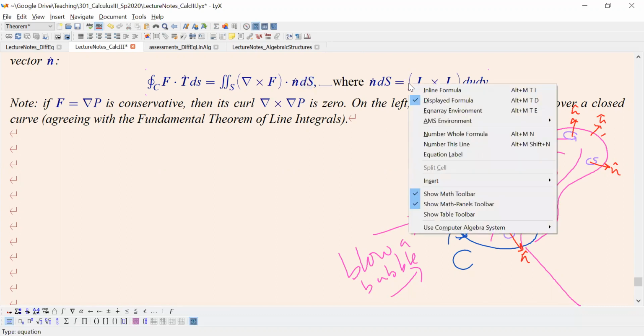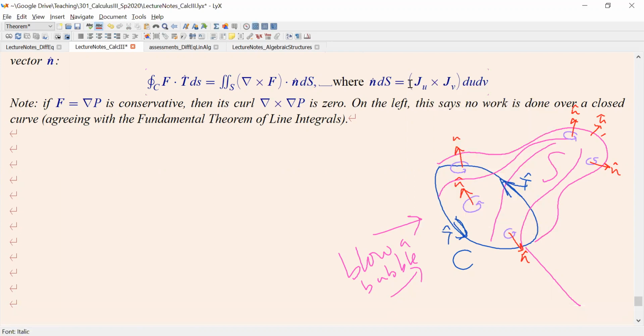We previously looked at a scalar surface integral where the surface integral had the magnitude of this cross product. But if you multiply by the normal vector, which is this cross product divided by its magnitude, then you can write the normal vector times ds equal to the cross product of the two Jacobian columns in the directions of our surface, the u and v directions.